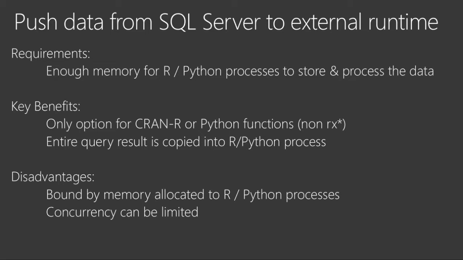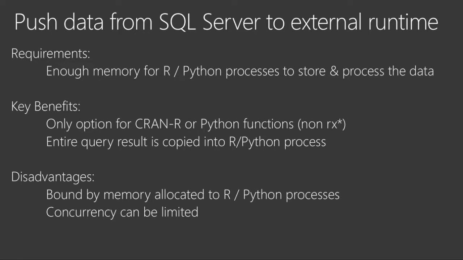Anyways, in this scenario we recommend this when you're using smaller data sets, or if you're not using the RX functions that UC mentioned before. When you're using any type of CRAN R or open source R function, this is the recommended way to push the data to the external script. But it also has some disadvantages.